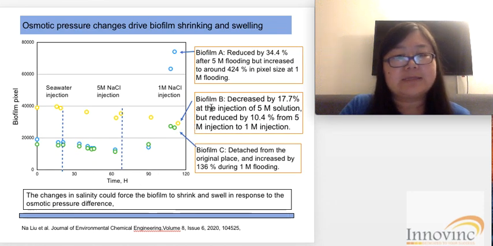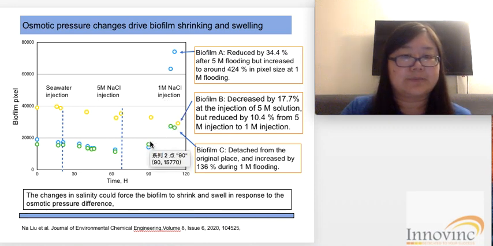And biofilm B decreased around 17% at 5 molar, but reduced by 10% from 5 molar to 1 molar. This is because the variation of the salinity caused biofilm detachment. We'll explain this later.